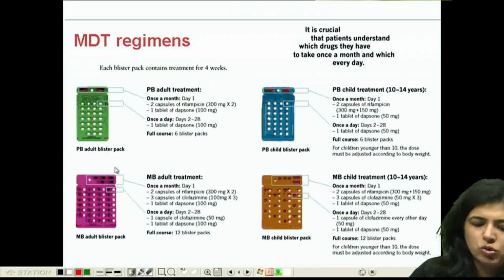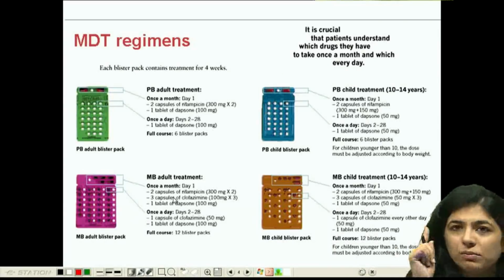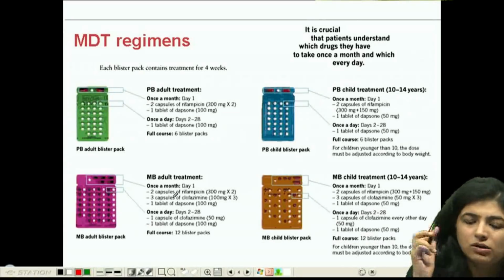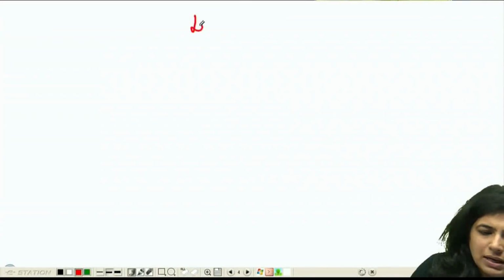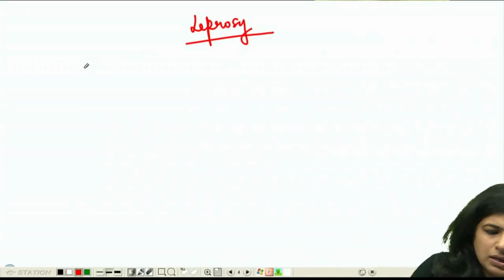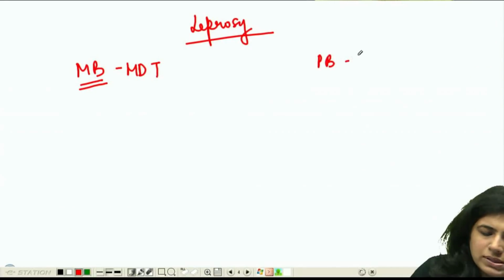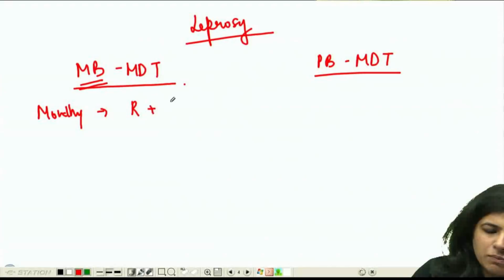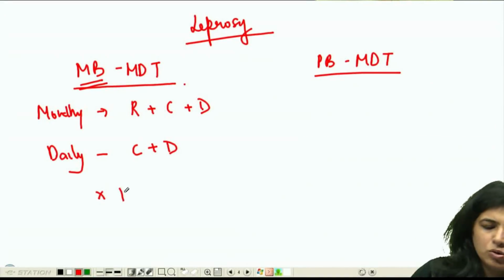I have an image to show you. Any question that you get, you not only have to remember the kit, you also have to remember the color. Okay, you have to remember the color also. Just one thing you remember, in leprosy, it is either multibacillary MDT or paucibacillary MDT. In multibacillary MDT, there will be monthly rifampicin plus clofazimine plus dapsone, and daily clofazimine plus dapsone, to be given for 12 months.